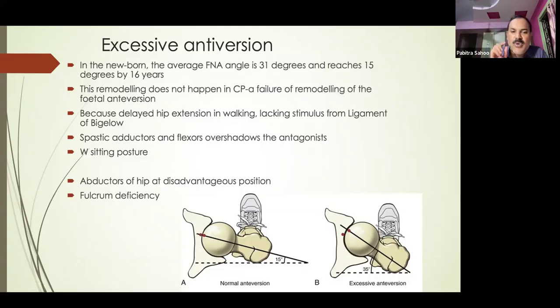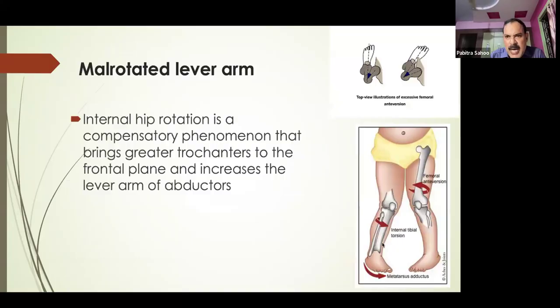So coxa valga and excessive anteversion are the two major lever arm dysfunctions in case of spastic cerebral palsy in a non-ambulatory child, that is in GMFCS 4 and 5. This creates a malrotated lever. As I said, when the anteversion is there, the head has to go to the acetabulum.